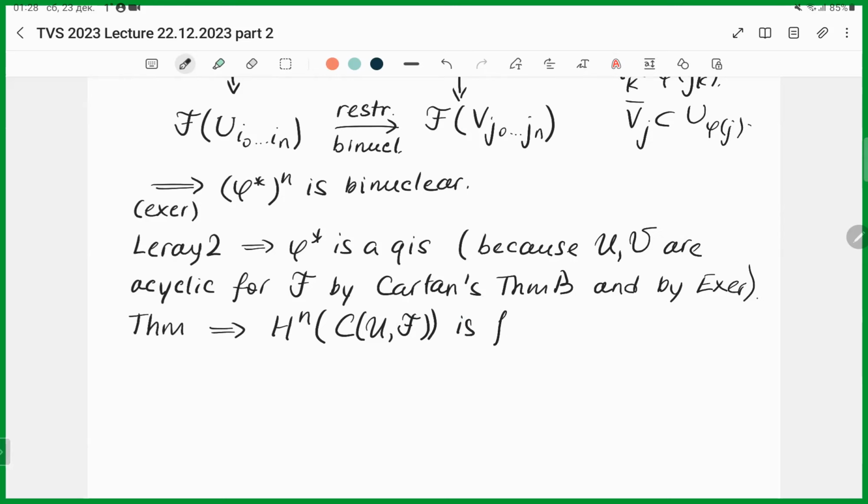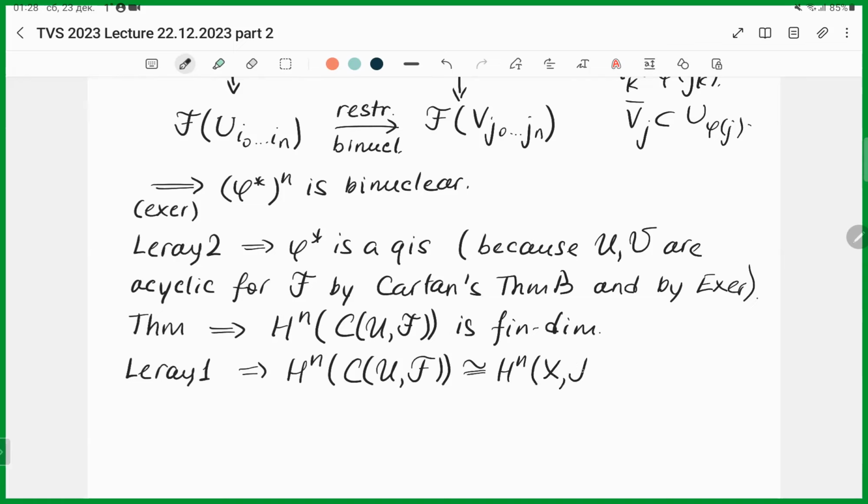But we also have the first Leray theorem, which states that since the open cover U is acyclic for F, the cohomology of the Čech complex is isomorphic to the cohomology of the sheaf F. As a result, we see that the cohomology of F is finite dimensional. And this completes the proof of the Cartan-Serre finiteness theorem. And this is the end of our course.